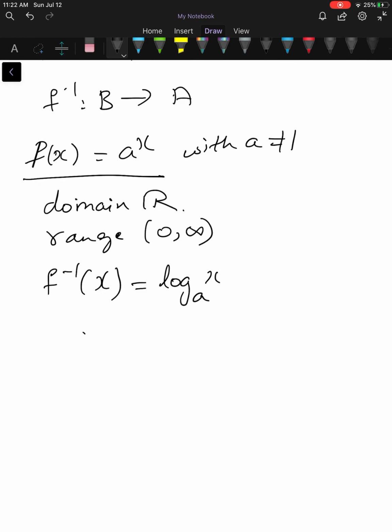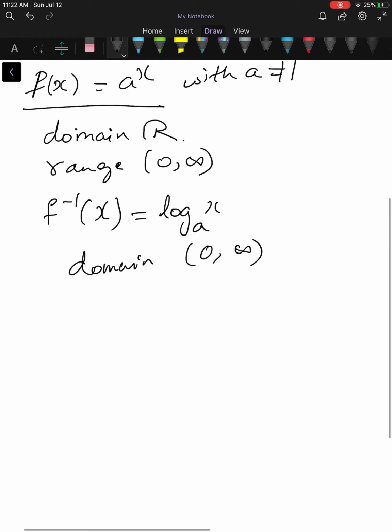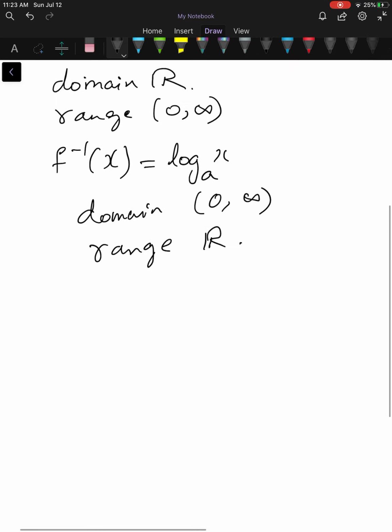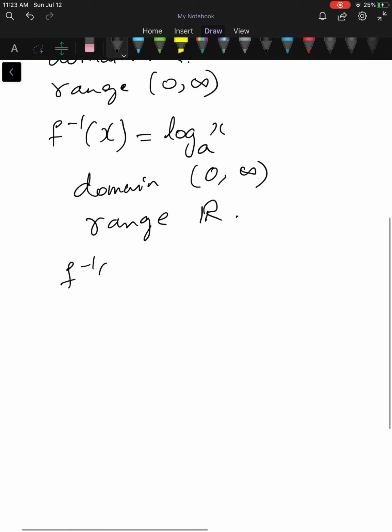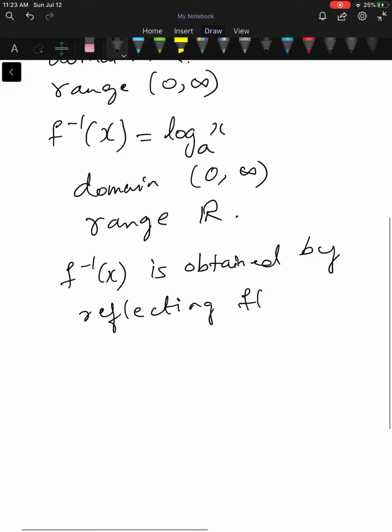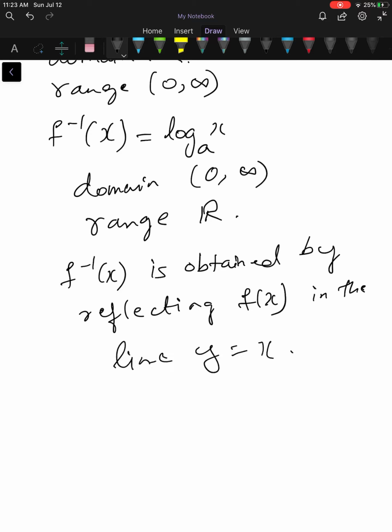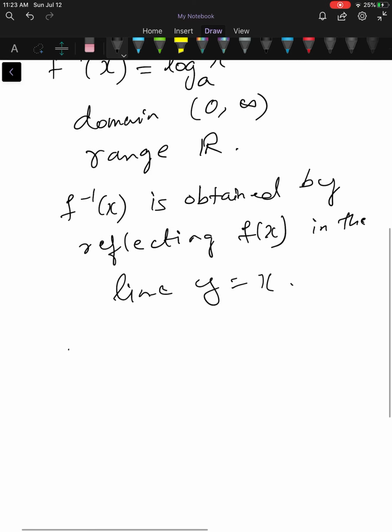So log x to base a is the inverse function with domain the open interval 0 to infinity and range R. This means that the graph of f inverse of x is obtained by reflecting f of x in the line y is equal to x. This we learned while studying inverse functions.